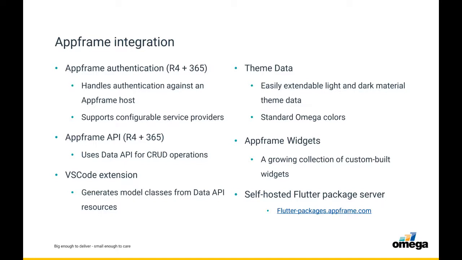It's similar to what we have in Big Client. You can just choose a provider you want to log in against. Then the Appframe API, it uses the data API to retrieve, update, and just to do CRUD operations for your views, but you can also just as well use it for procedures.